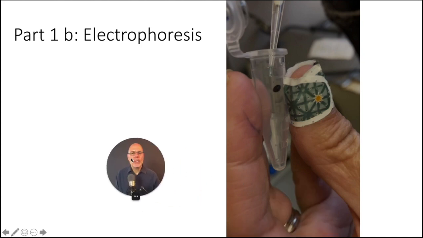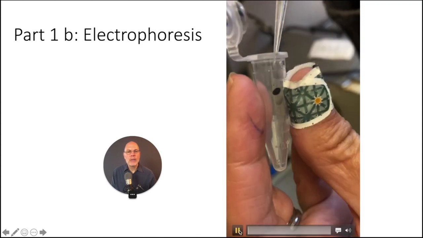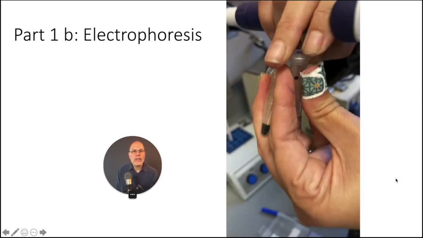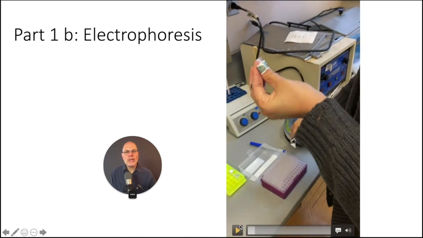And let's see Johanna do this. Here we go. Okay, so the first step, what Johanna was doing is adding a little bit of loading dye. These liquids are clear, and if you want to get them into the wells of an electrophoresis chamber, you need to add some color to them. So that was the first step.